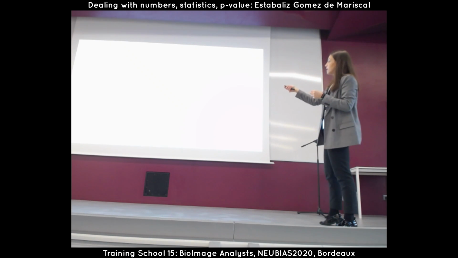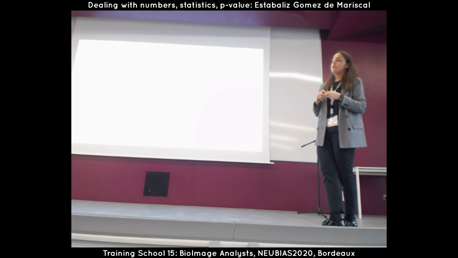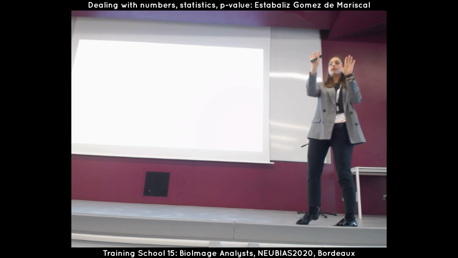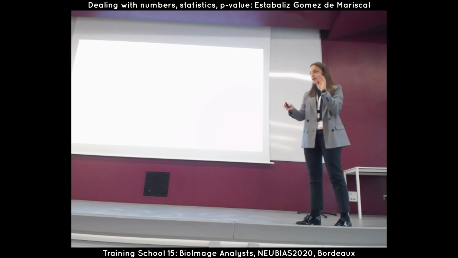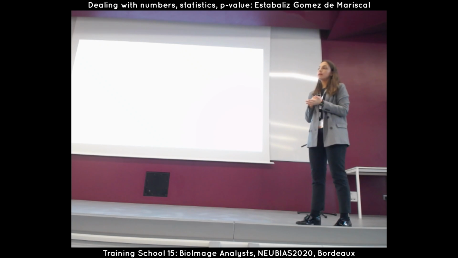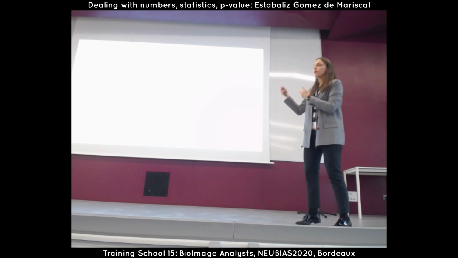So you can use it there, and you can calculate the effect size, which is just the difference between two mean values divided by the standard deviation. And you can use that value to know whether the difference between your samples is very high or not.